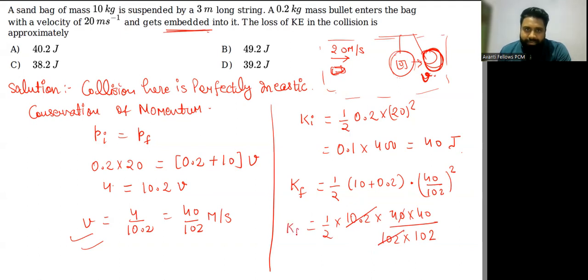And the final kinetic energy you will have, let's just calculate in the next step. So Kf is equal to 1 by 2 times 10.2 into 40 into 40 divided by 102 into 102.